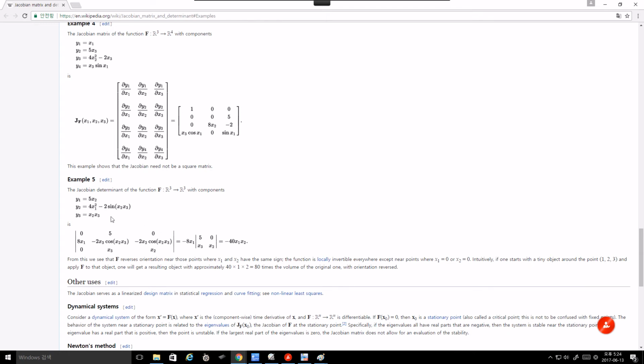The second one is again the chain rule, so minus 2 cosine x2x3, and x2 comes out, so minus 2x2 cosine x2x3. And then we compute the determinant of this 3 by 3 matrix, and it becomes this one.